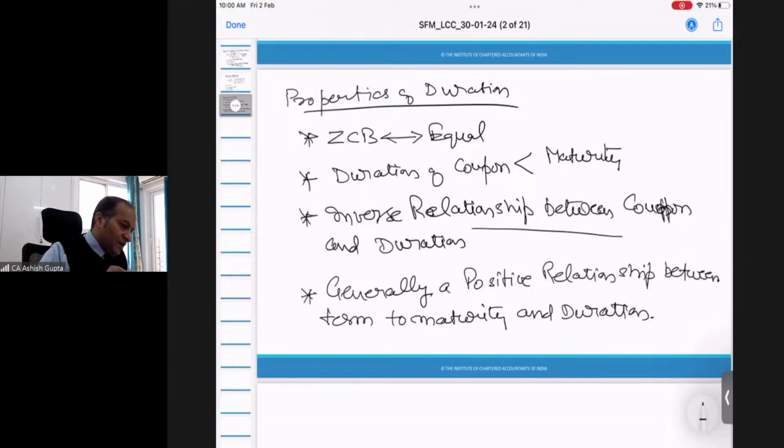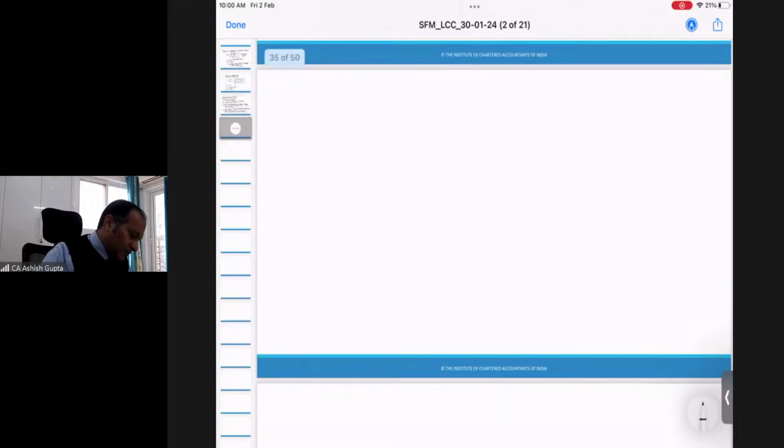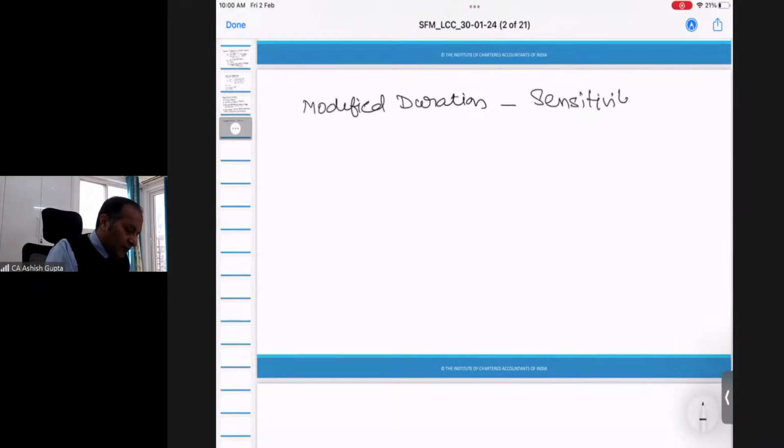Now, when we have to calculate, we discuss the modified duration. It is also called sensitivity or volatility.